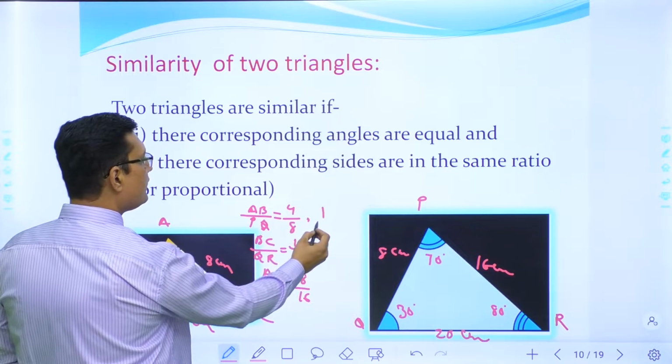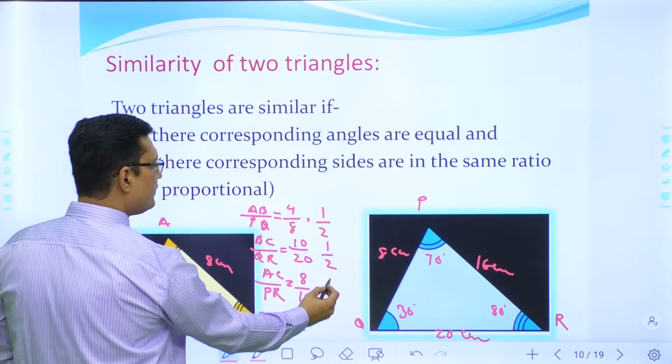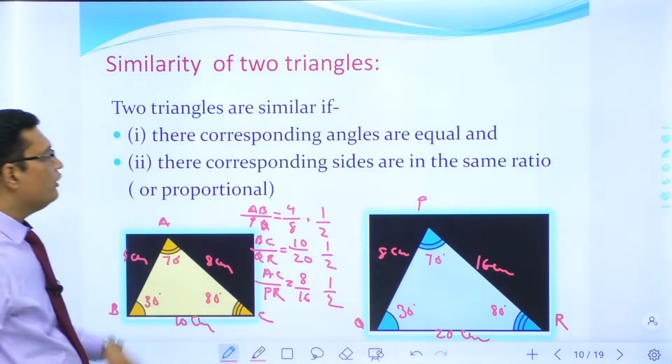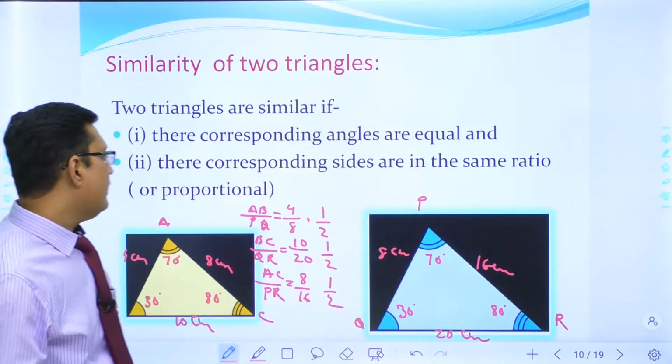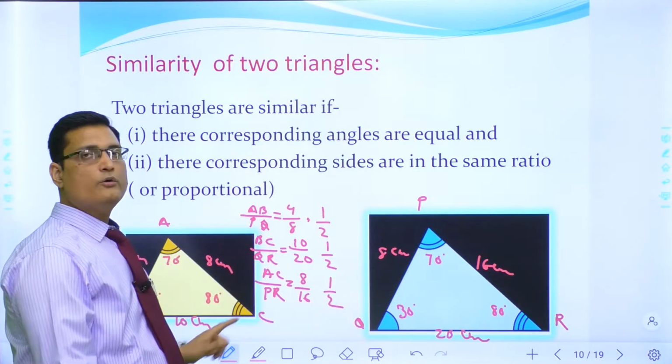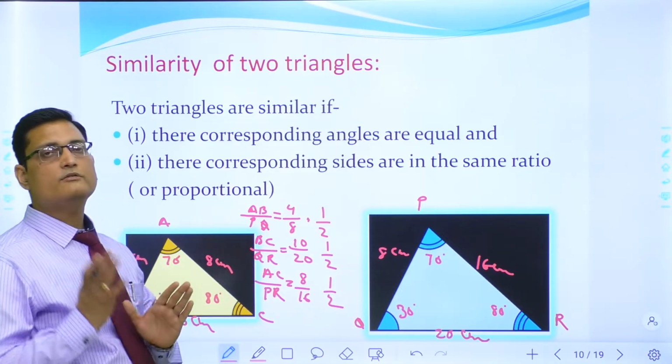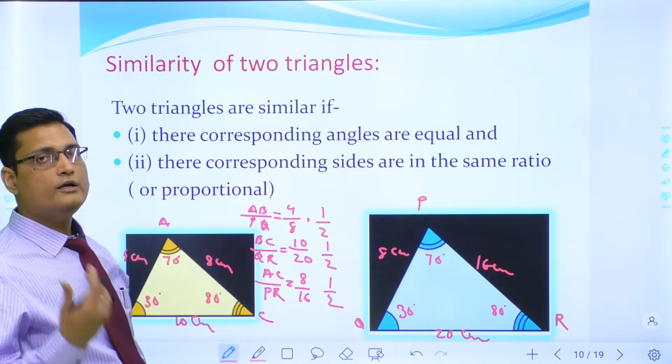Now in all the cases you are getting the ratio 1 upon 2. So corresponding sides should be in the same ratio, and corresponding angles should be equal. This is the similarity criterion for triangles.